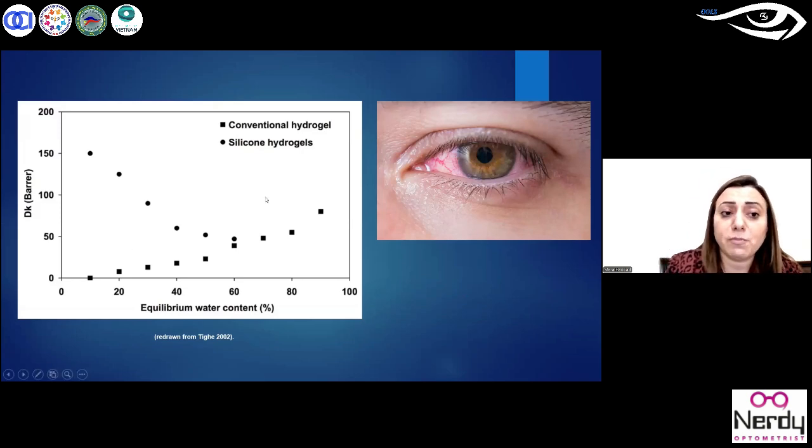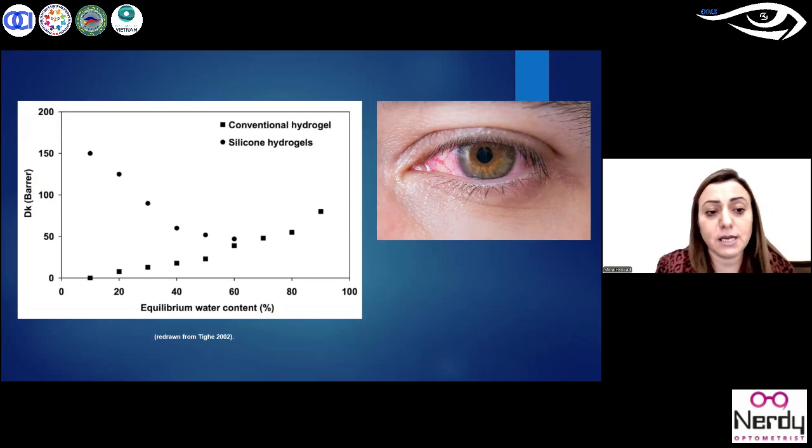So we have this famous graph to compare conventional hydrogel with silicone hydrogel. It highlights the relationship between equilibrium water content and Dk. We see here that the squares are for hydrogel contact lenses.